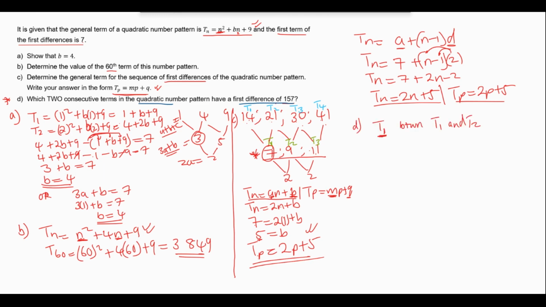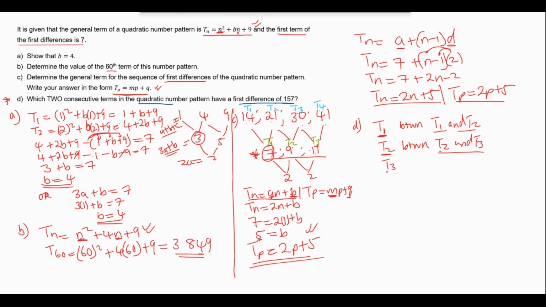You see that T1 of the first differences is between T1 and T2 of the quadratic sequence. T2 of the first differences is between T2 and T3 of the quadratic sequence.